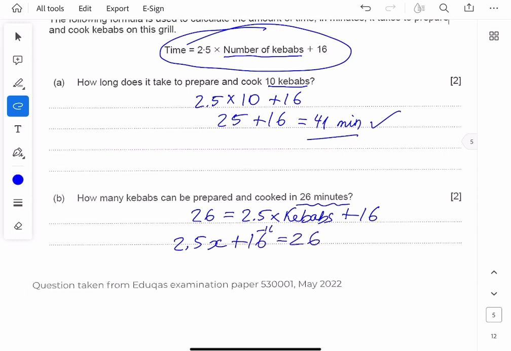In an equation we apply opposite calculations to get to X. So first minus 16, and then you divide the answer by 2.5. So that will give you 4. So this is the answer for kebabs.